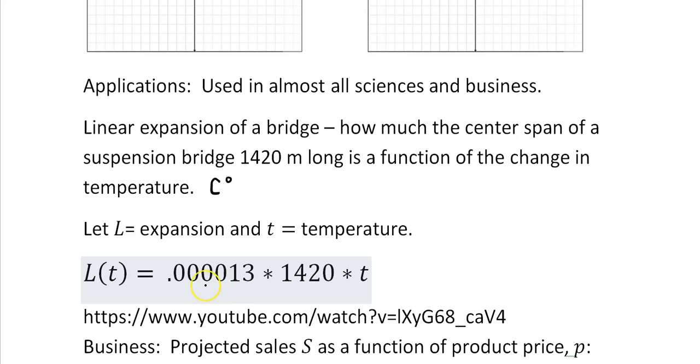So this becomes 13 100,000ths times the 1420. And so that would move our decimal over 1 this way. You would think of it as being 13 100,000ths.